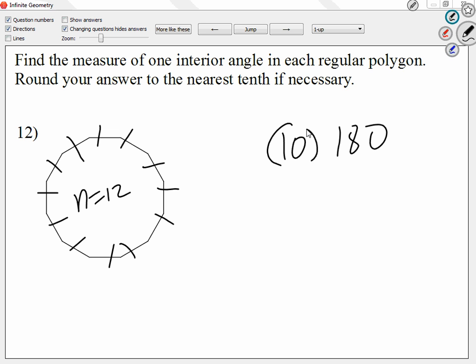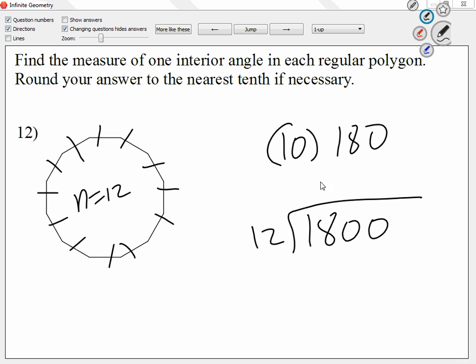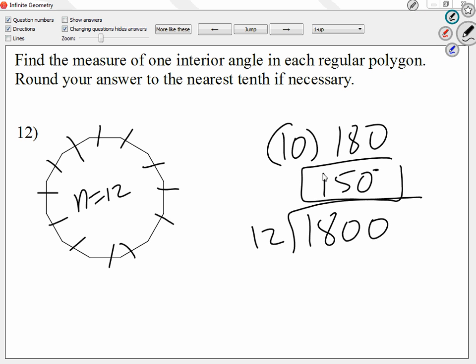How much is 10 times 180? 1800. So all of them add up to 1800. Let me divide this by 12 because there are 12 of them. How much is 1800 divided by 12? 150. So each angle is 150 degrees.